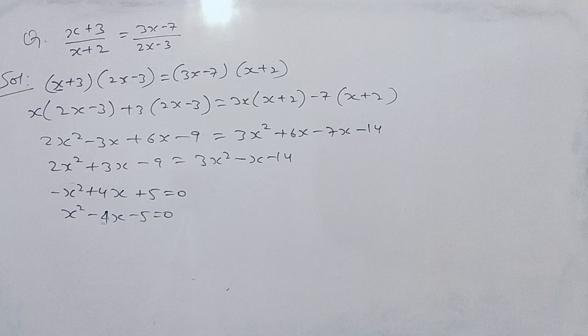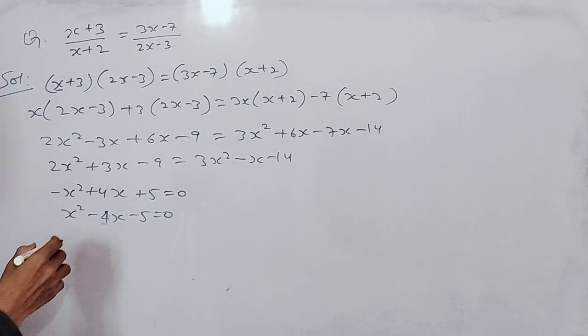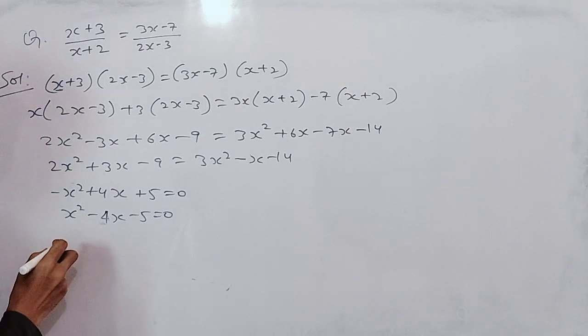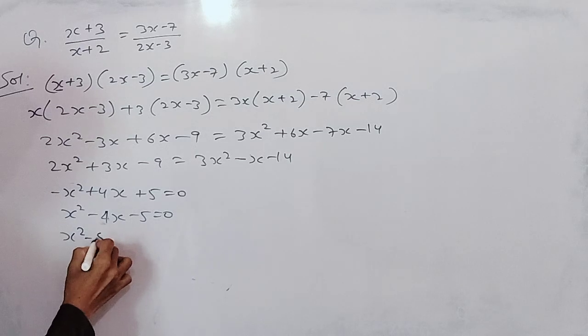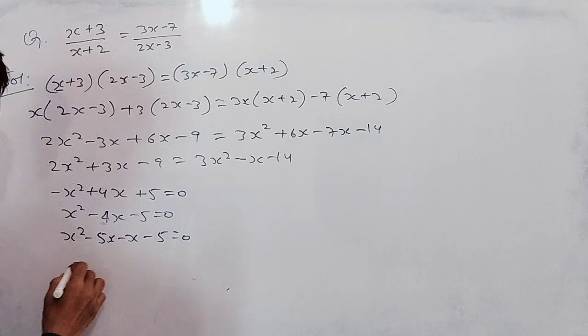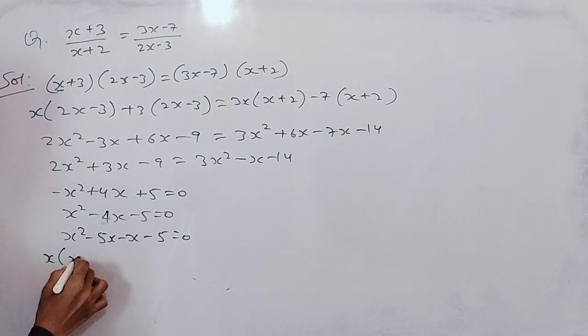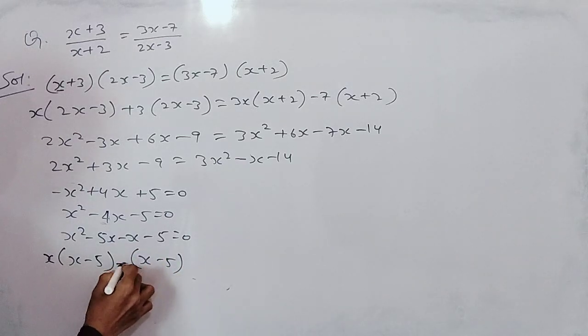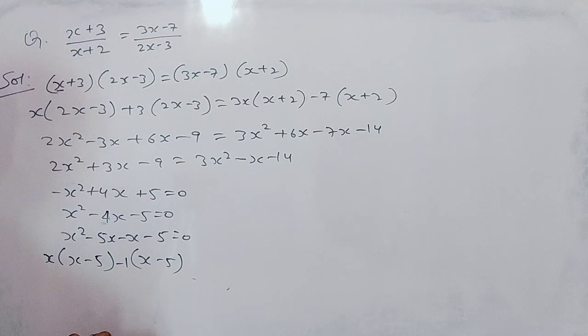Now this is correct. Here, as you can see, 5x minus x, x square, 5x minus x, you will get minus 4x, minus 5 is equal to 0. Here x minus 5, x plus 1. What is happening?